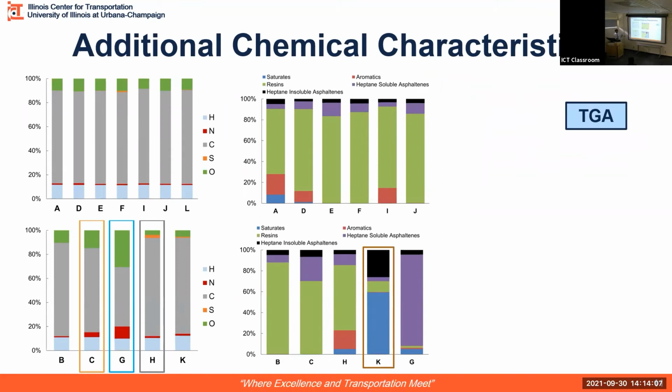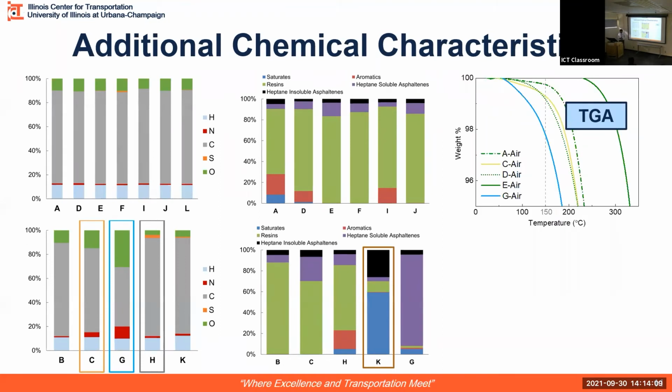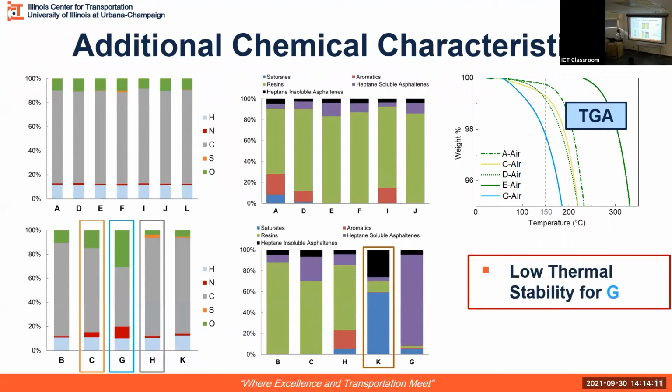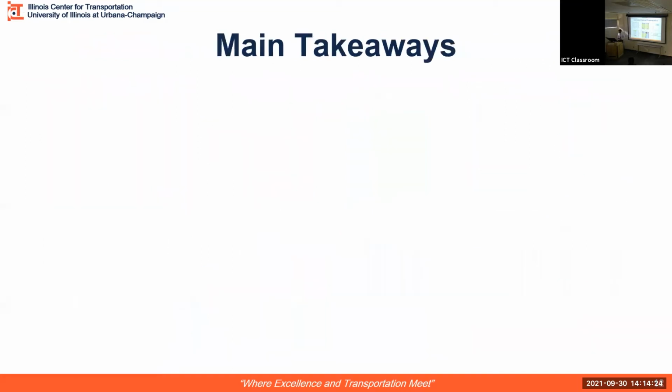We also looked at thermal stability of these modifiers, and modifier G was very low on thermal stability. It was, in fact, the lowest among all the modifiers. These are some of the bullets we'll touch on again at the end.